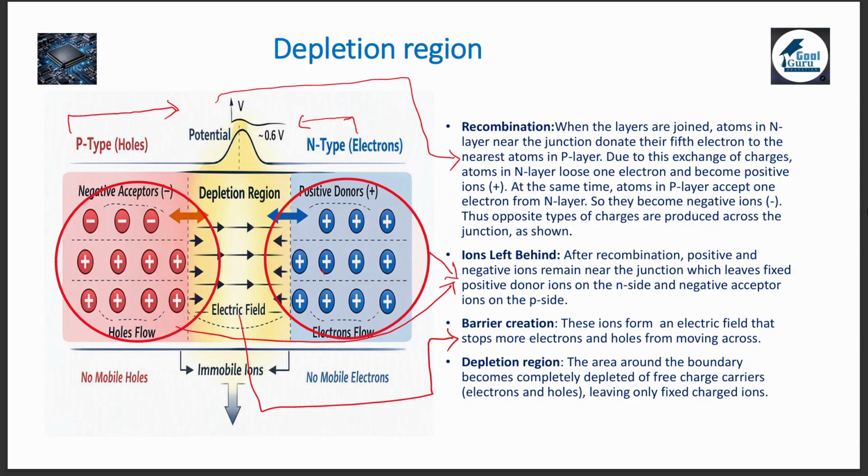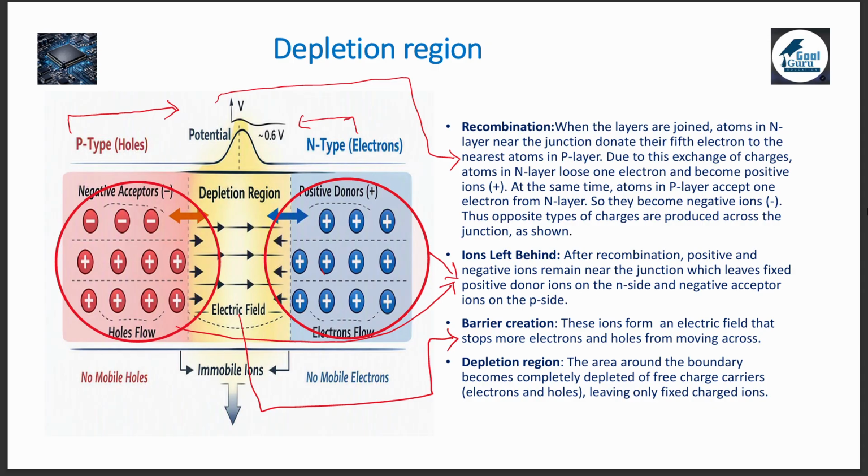So since it has become a donor, you have one positive charge there. Likewise, negative acceptor ions are there on the p side. Why? Because they have accepted the electron. So this is the effect of recombination.